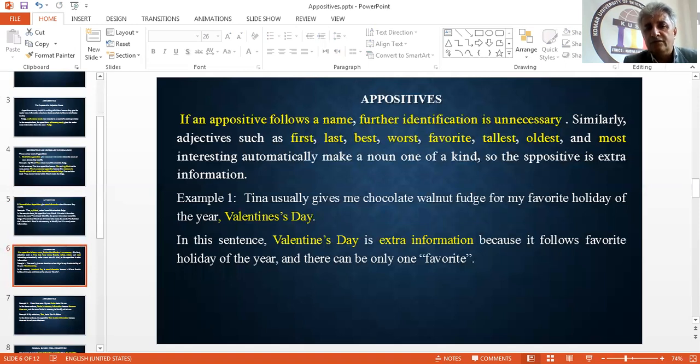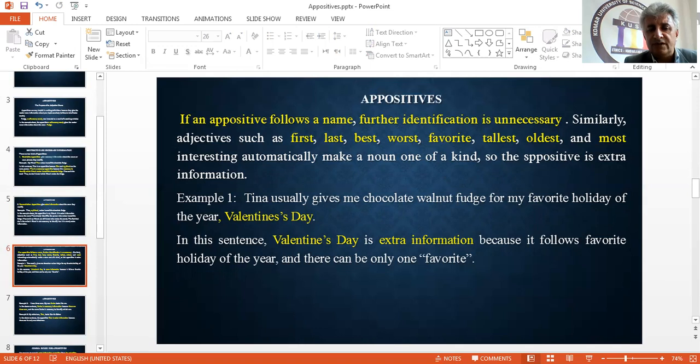If an appositive follows a name, further identification is unnecessary. Similarly, adjectives such as first, last, best, worst, favorite, tallest, oldest, and most interesting automatically make a noun one of a kind. So the appositive is extra information.